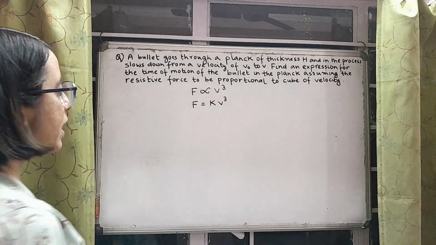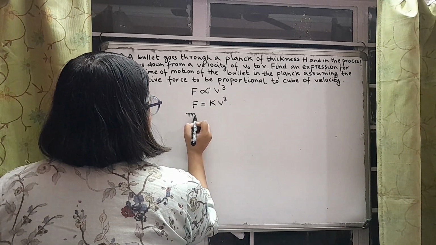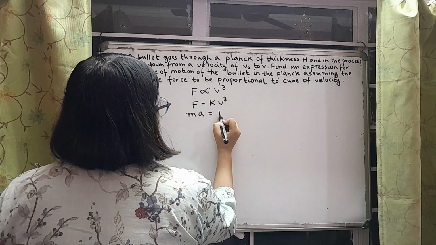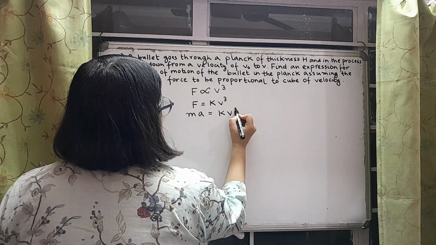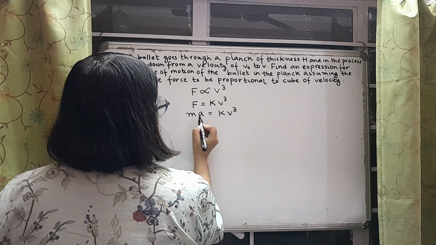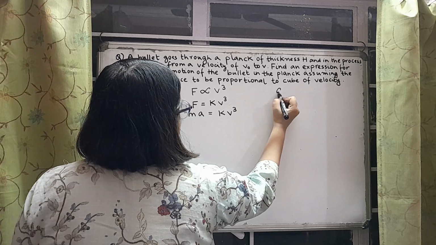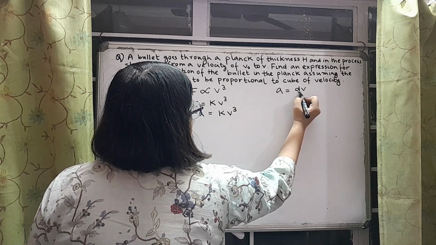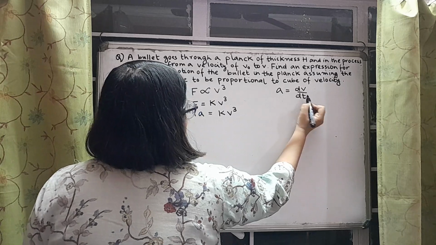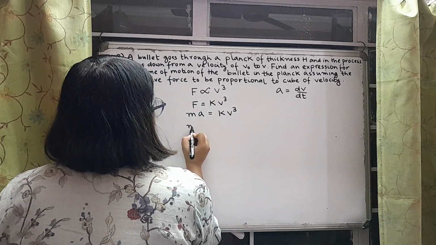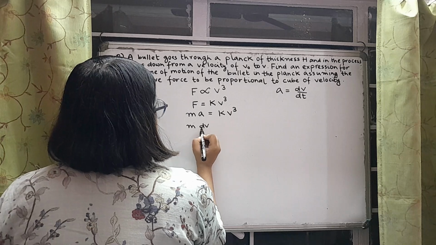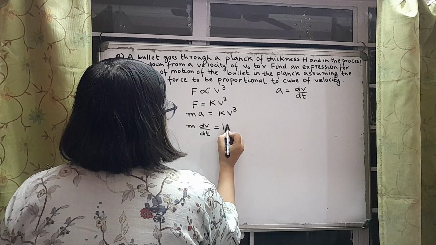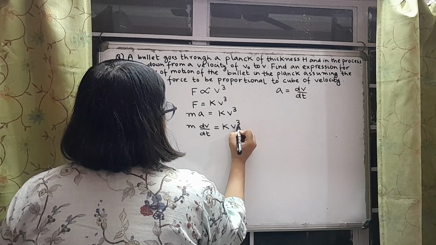Now I can write F as mass into acceleration, and here on the right hand side I write K V cube. Acceleration can be written as dv by dt. When I write this here, I get m dv/dt equal to k v cube.